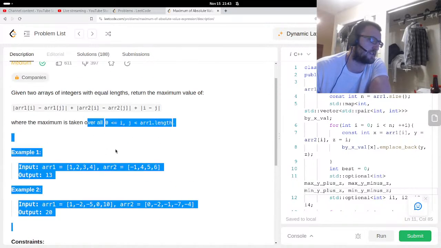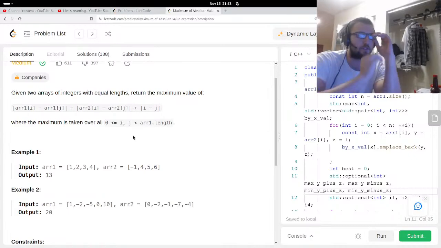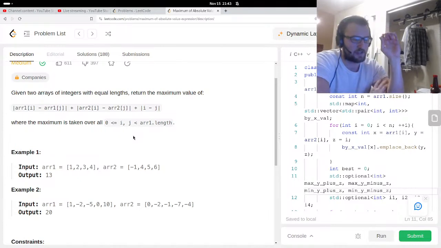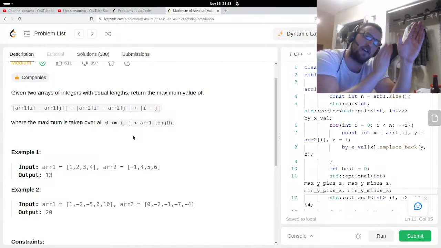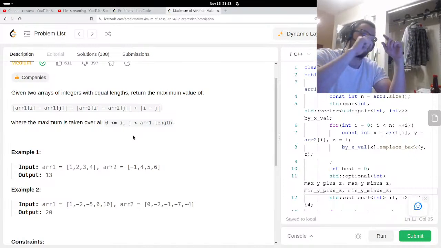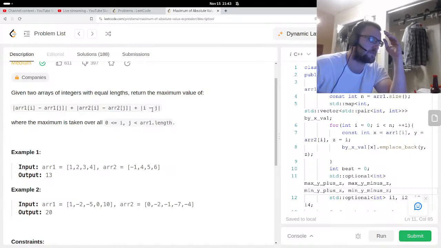And what I realized was that if it was a two-dimensional problem, you can go left to right over the x and y coordinates and basically take a minimum and a maximum on the leftmost side as you go left to right. The way this distance is measured is the absolute value of the difference.